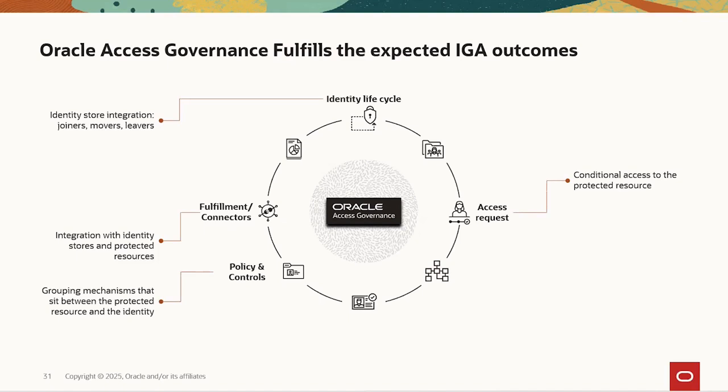The next step, once birthright provisioning is done, is to do some provisioning based on roles and policies. For example, if a user is a member of the finance team, then the user should get access to all of the finance applications. If a user is a member of, let's say, the IT support organization or DevOps organization, then the user should get access to the Jira system.